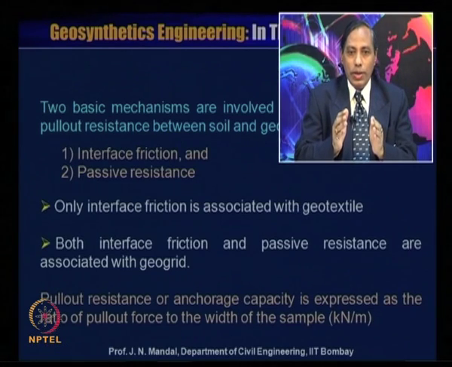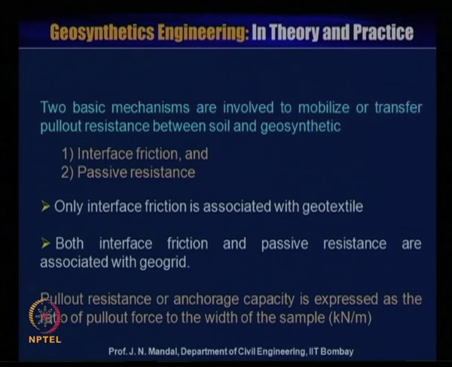Pullout resistance and anchorage capacity is expressed as the ratio of pullout force to the width of the sample, that is kilonewton per meter. Now I will discuss what is interface friction and what is passive resistance.